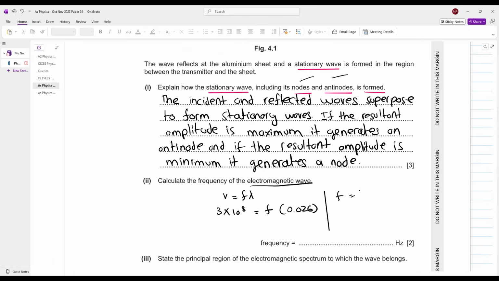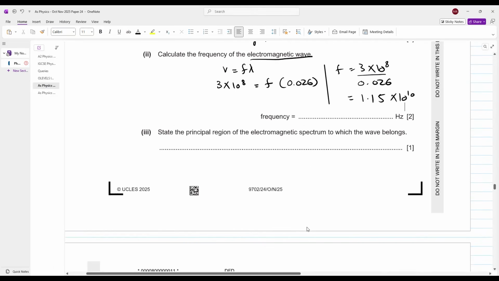Yes. 3 into 10 is the power of 8 divided by 0.026. निकाल सकते हो. Frequency comes out to be 1.15 10 raised to the power of 10 hertz. This is your frequency. Simple.